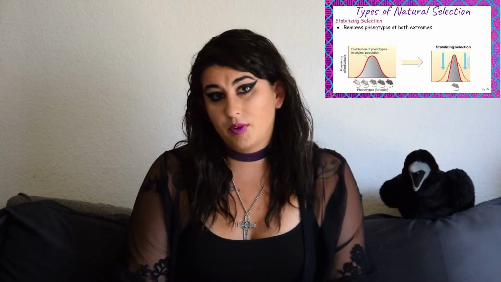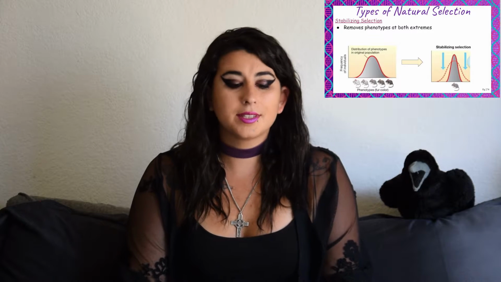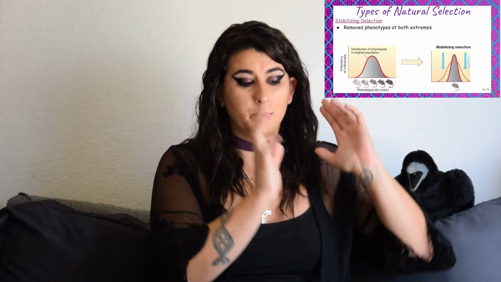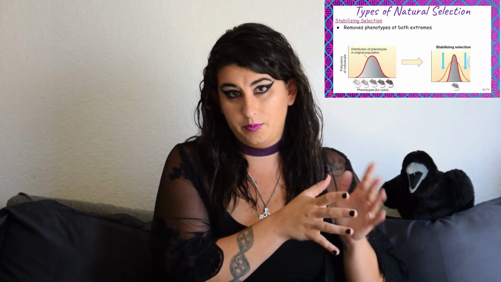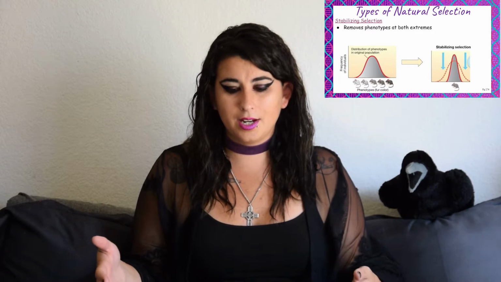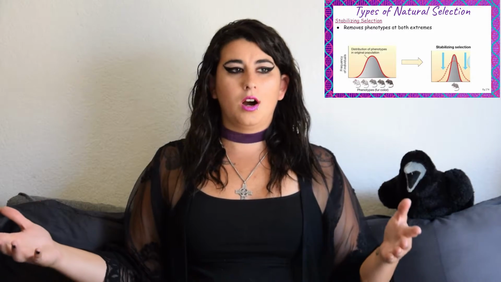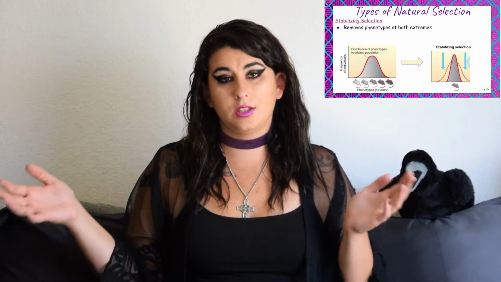The next type of natural selection we're going to talk about is stabilizing selection. Directional selection, remember, removed the phenotypes from one extreme. Well, stabilizing selection removes both of the extreme phenotypes, and basically whatever change occurred here, both of those extreme phenotypes, for some reason, are no longer advantageous in this environment.